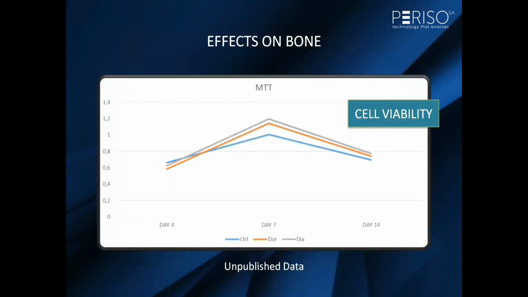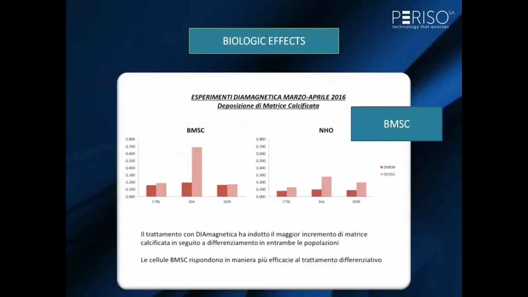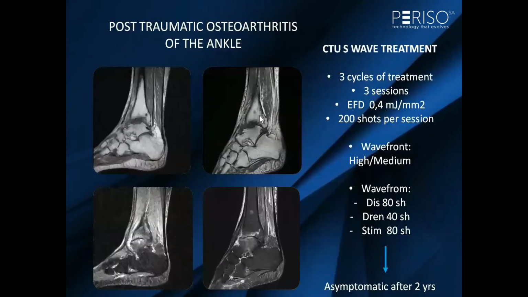We studied the cells with the C2 shock waves, and we demonstrated that there are no changes in cell viability. So it's important to consider that the strong mechanical effect is safe for the cells, but also has a positive biological effect on the extracellular matrix.